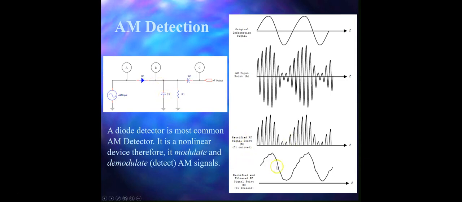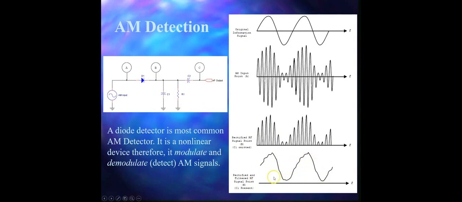These two signals you see are one without C1, and another one with C1. So you see here C1 is a part of this filter, C1R1. When there is no filter, then at this test point B, we will get a signal like this. And if we use the filter when C1 is present, then your waveform will look like this.